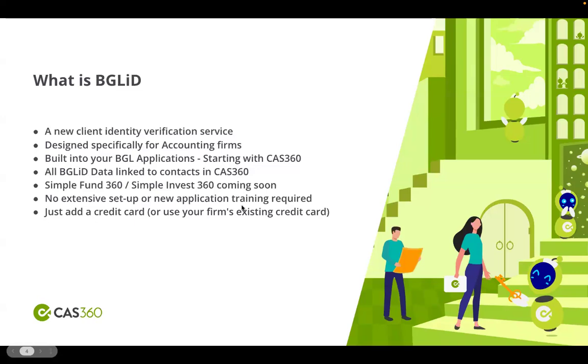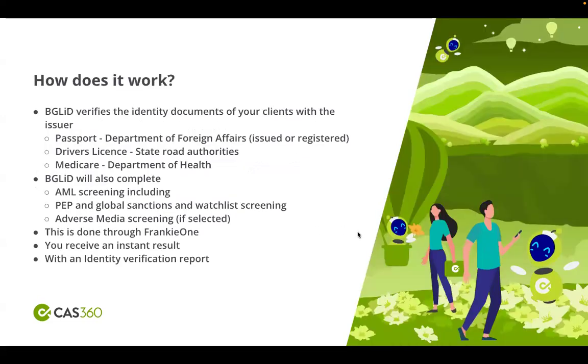And for BGLiD, we bill on the first day of the next month for all the checks that you've done in the previous month. So that means now it's February. So all the checks that I've done in February will all be grouped together and charged on the first day of March. So overall, it's really very easy to get started to use BGLiD in CAS 360.